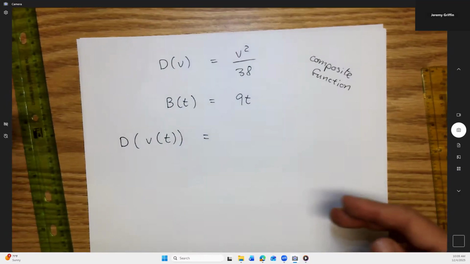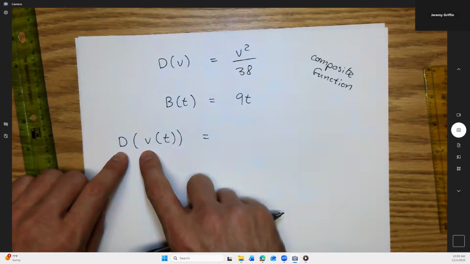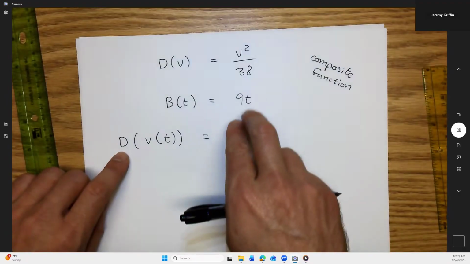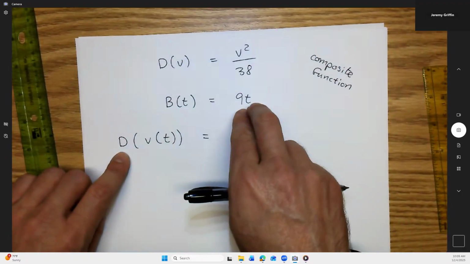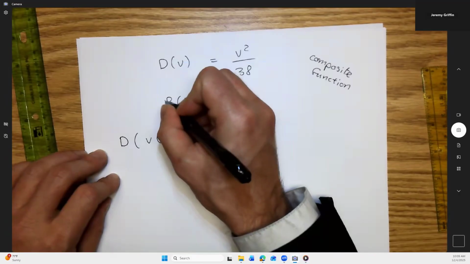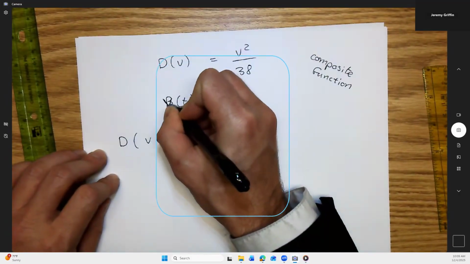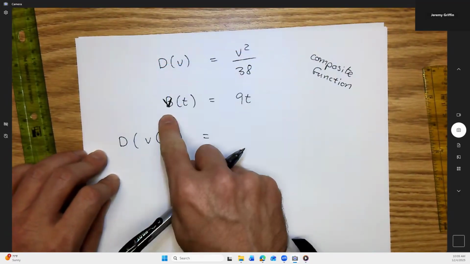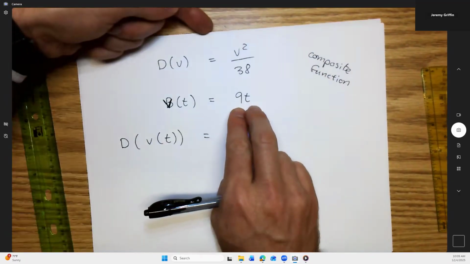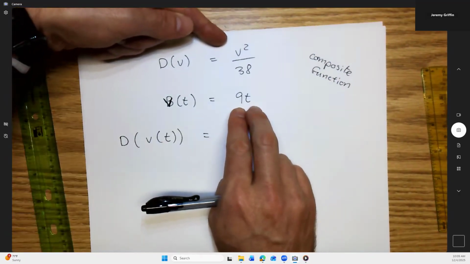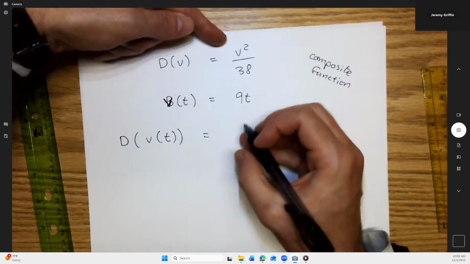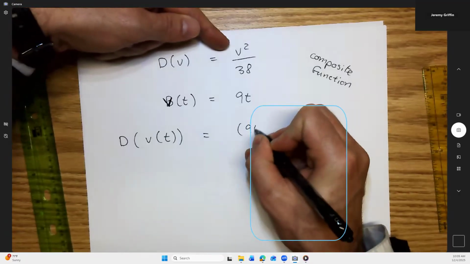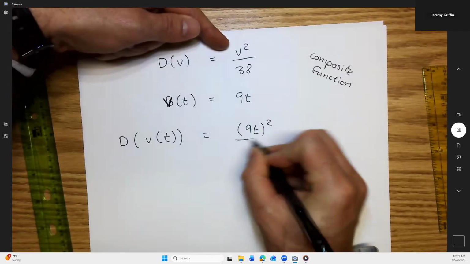Really, we're just going to plug this expression in for V. I'm going to change this B to a V. Same thing tomorrow. And then where the V is, I'm going to put 9t, to now get braking distance in terms of time.